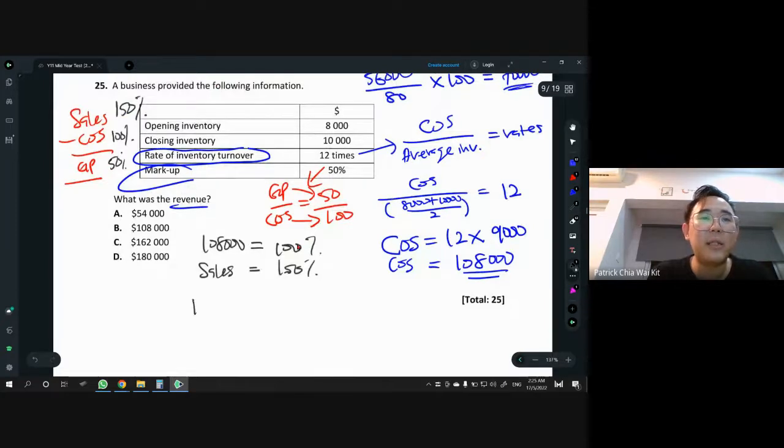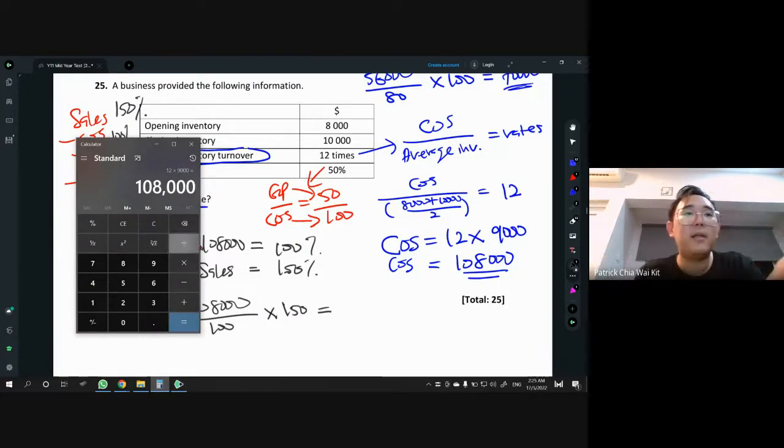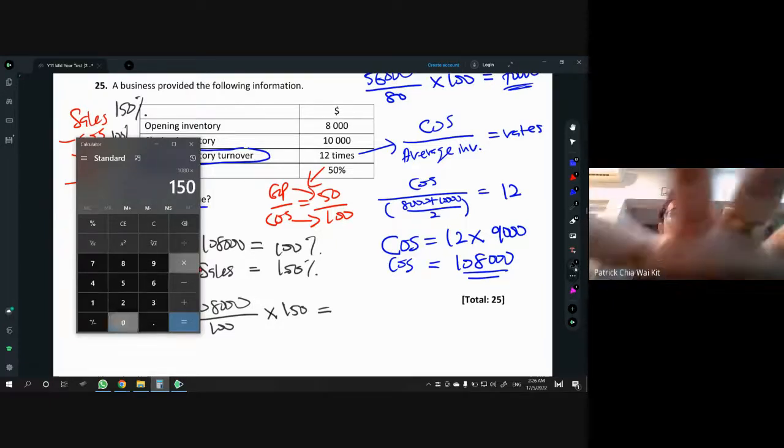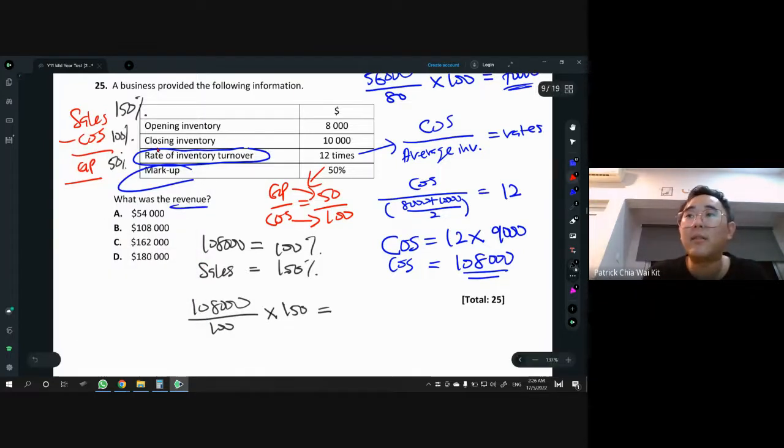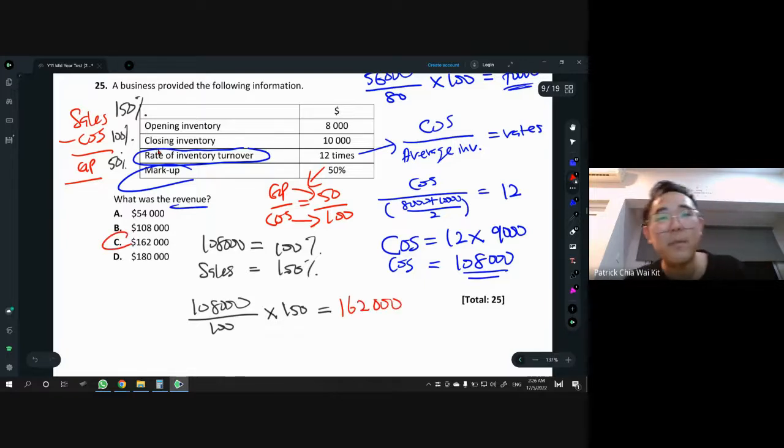So in this case, 108,000 divided by 100, and then you times with 150. Then you get the answer. Okay, so calculator 108 divided by 100, and then you times it 150, and you get 162. That's the final answer. So 162,000. So answer is C, for the value of sales revenue.